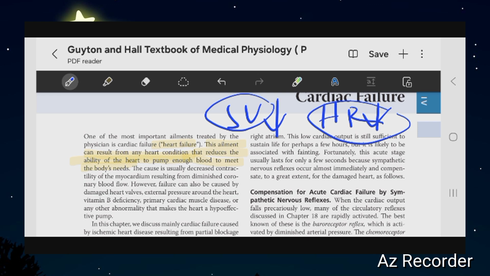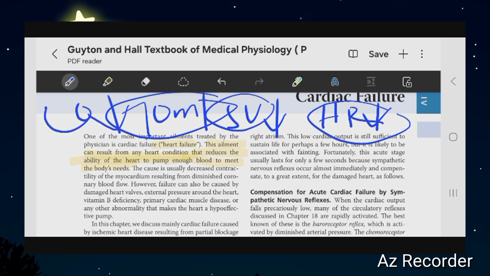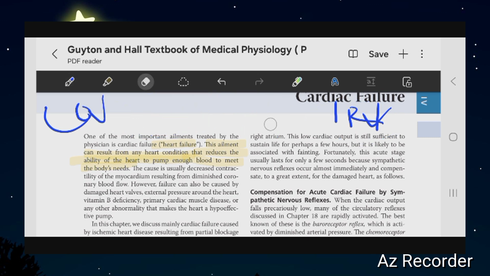Your normal stroke volume is 70 ml per beat. What determines stroke volume? It's the force of contraction of your heart muscles. So if it decreases, it will definitely decrease stroke volume, and your cardiac output will obviously decrease. So let's go in detail.